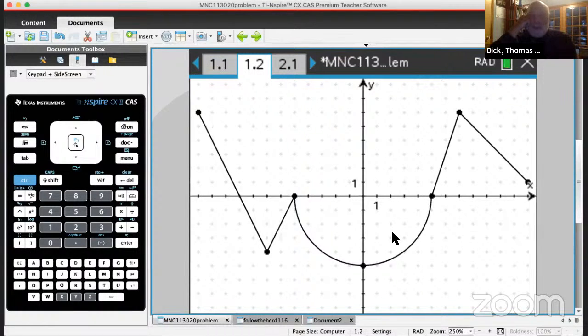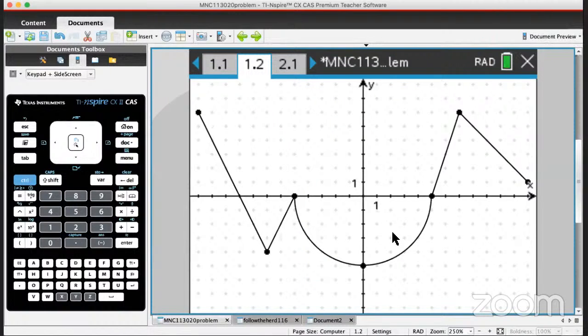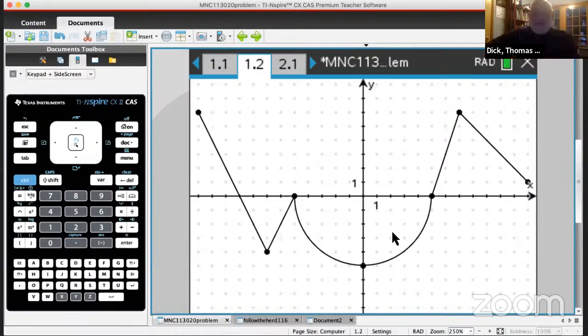We think it's appeared almost every year for the last 20 years, where you have some graphically presented function and you're asked to use calculus to interpret what's going on. And very often the function is presented as a collection of line segments and semicircles, sometimes parts of a parabola, and we've seen both tonight.